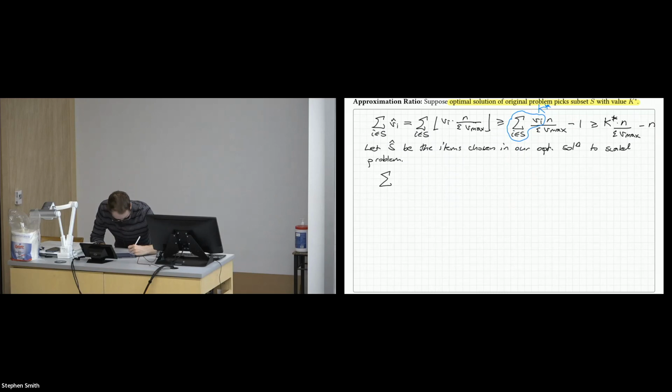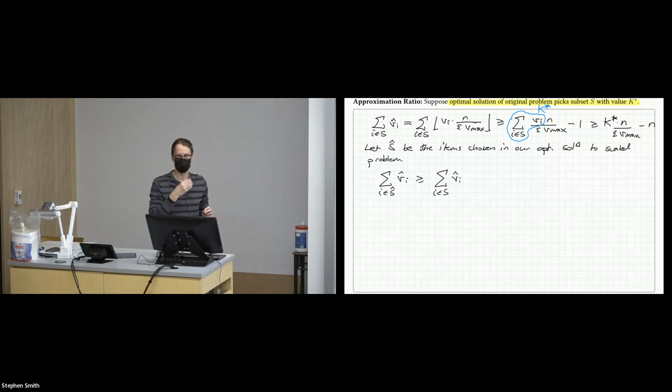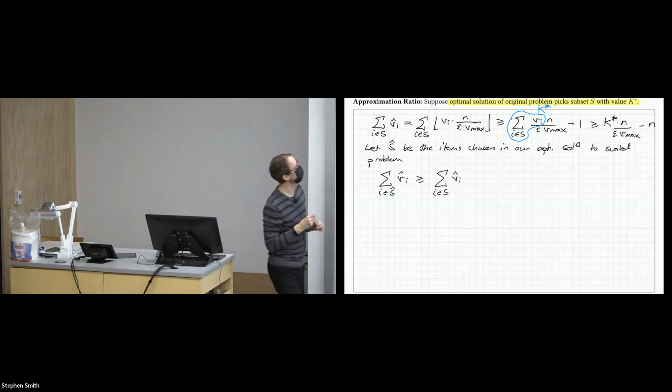Then we have that if we sum up the items in the scaled problem, that one has a hat on it now. Again, sum up the scaled items. What do you think? Do you agree with this first step I've written?